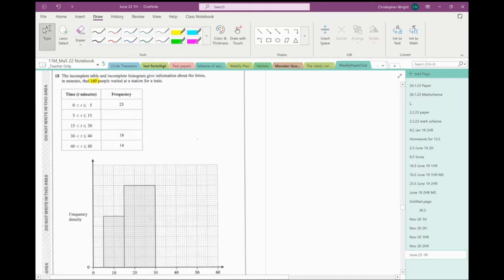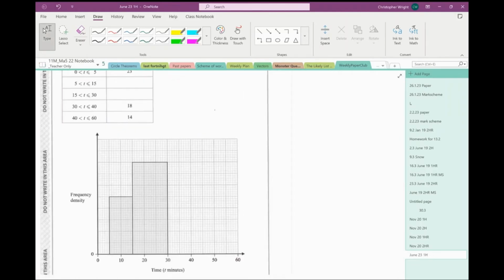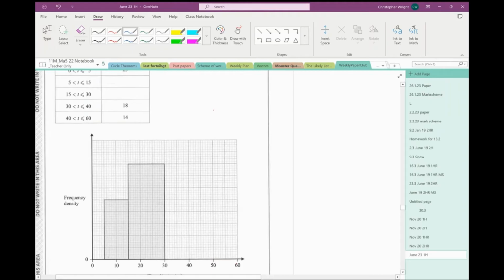Right, now histograms are always all about areas. So let's work out the area of the bars that I know. This bar is 10 wide, and it's 10, 20, 25 high, so 250. That's an area of 250 of the small squares.